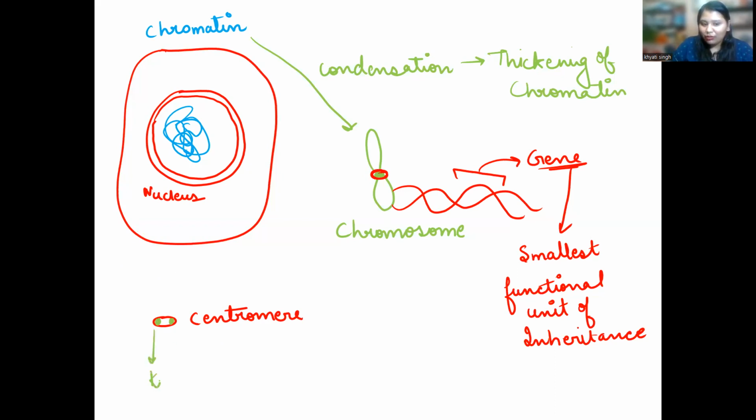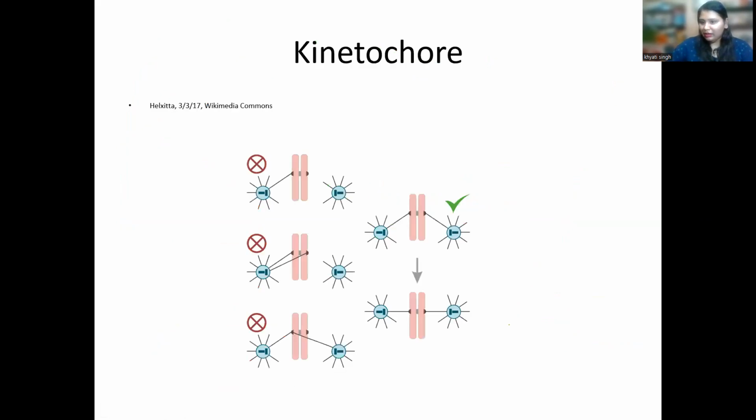Now, what is kinetochore? Kinetochore is important. Kinetochore is a protein on which spindle fibers are going to get attached. Okay, I can show you the structure. For example, yes, so look at this chromosome.